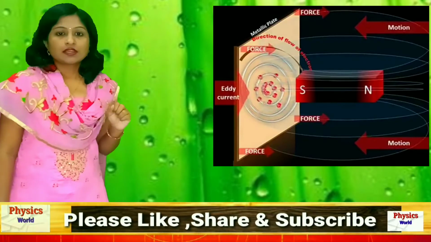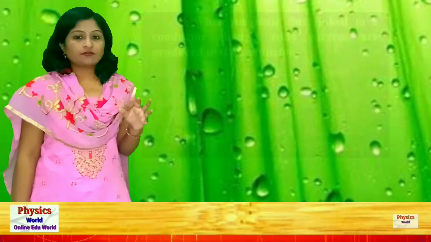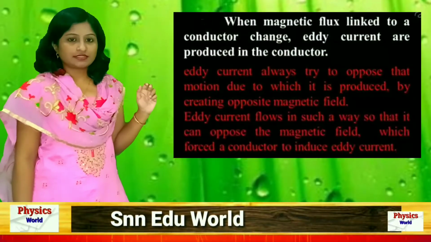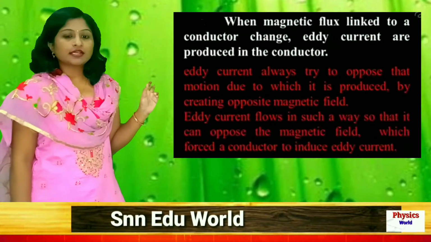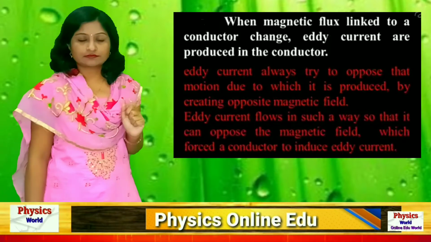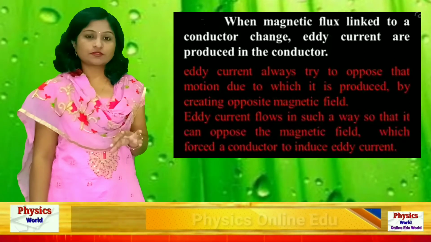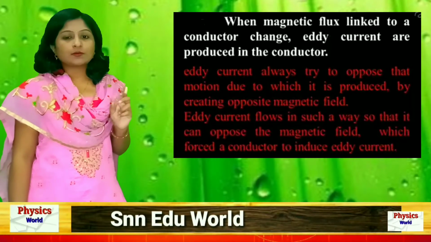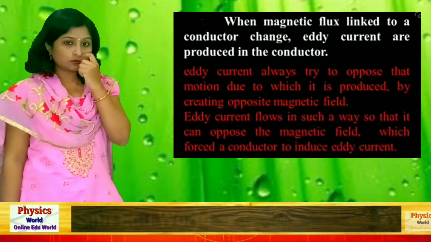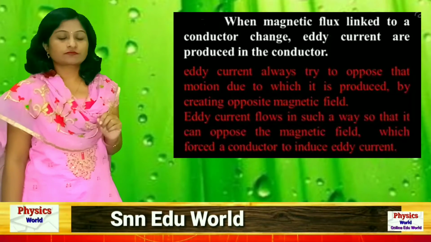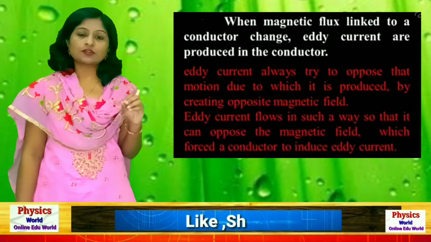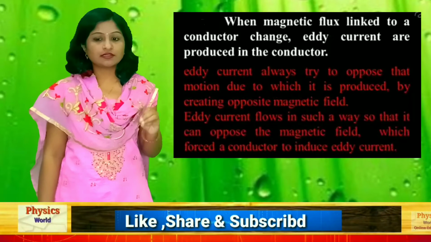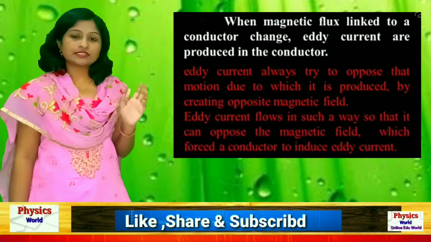Okay, when magnetic flux linked to a conductor changes, eddy currents are produced in the conductor. So eddy current is produced in the conductor due to flux change. Eddy current opposes the motion due to which it is produced. What is the nature of the eddy current? It always opposes the motion due to which it is produced.